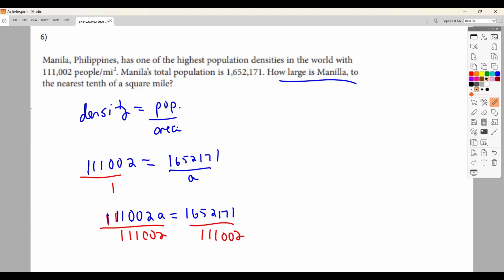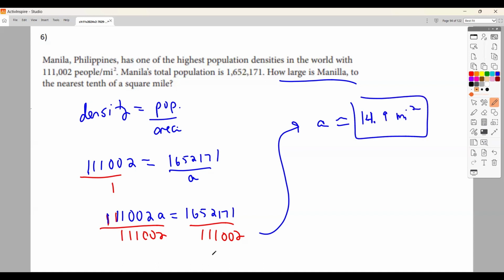On your calculator, do 1,652,171 divided by 111,002. It says to the nearest tenth of a square mile, that means 1 decimal place. I get about 14.9 square miles. And that's the answer to that question.